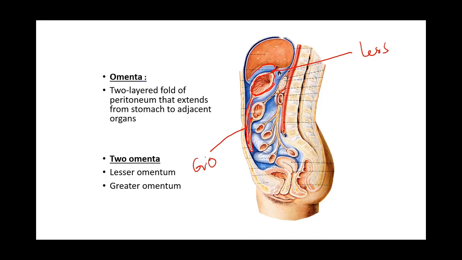So that's why sometimes it is called gastrocolic ligament. Gastrocolic ligament, because this is the transverse colon. This is the transverse mesocolon. This is the mesentery, okay, of the small intestine.